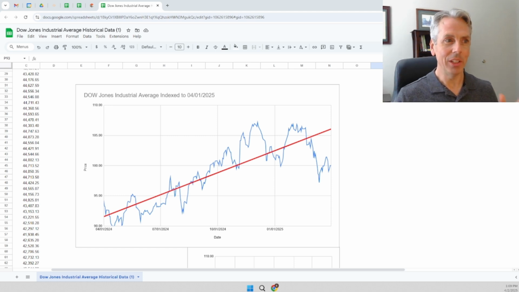Where we're going to start is I've got a linear regression line. And what you can see is that the linear regression line doesn't do a good job of describing what has happened to prices of the Dow Jones over the last year.